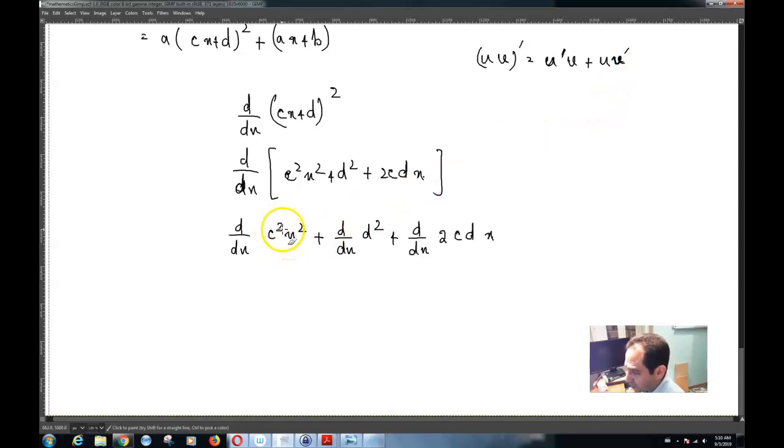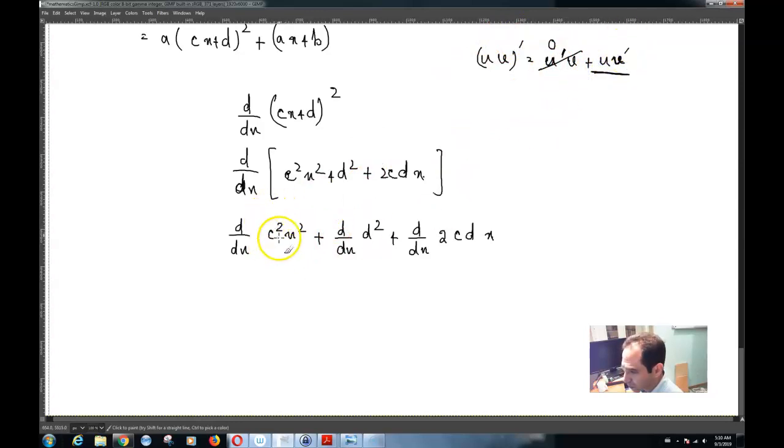Now since c squared is just a constant, this term goes to 0 because u prime is going to be equal to 0. So then you have only u times v prime.